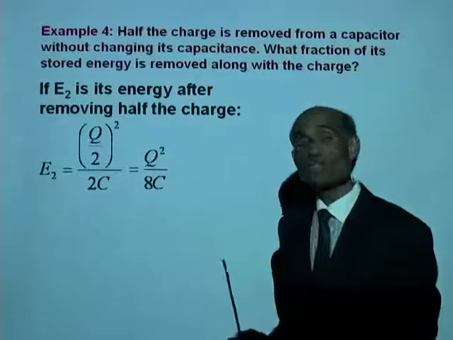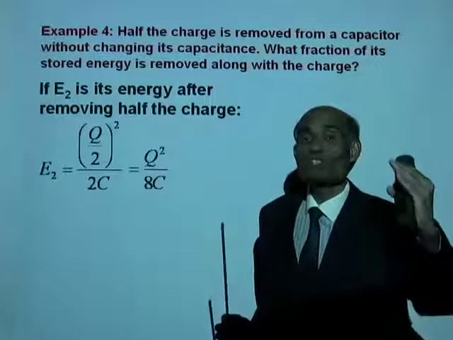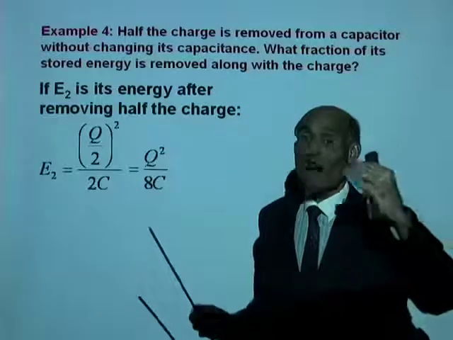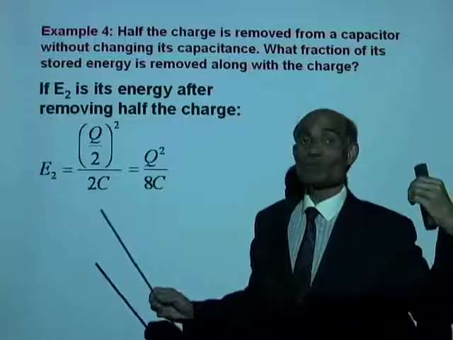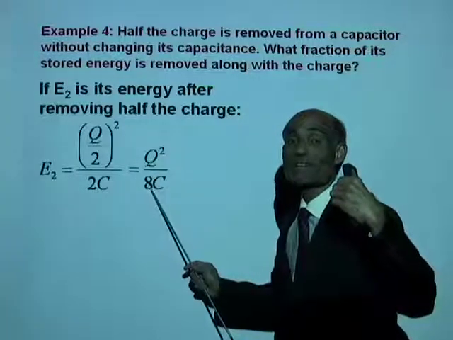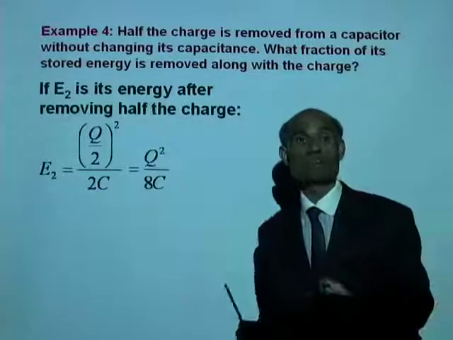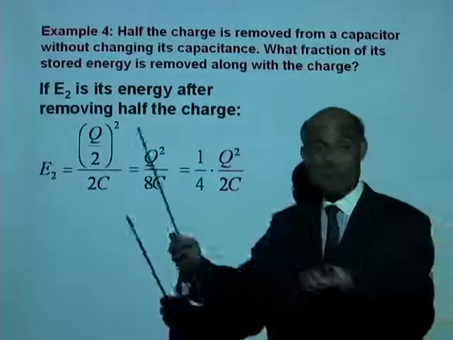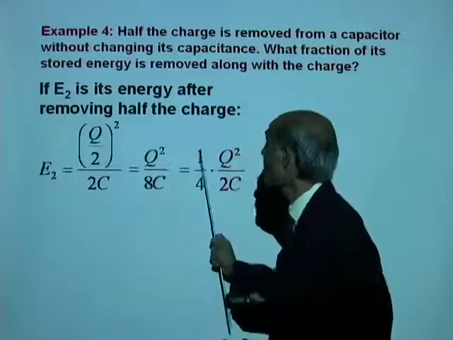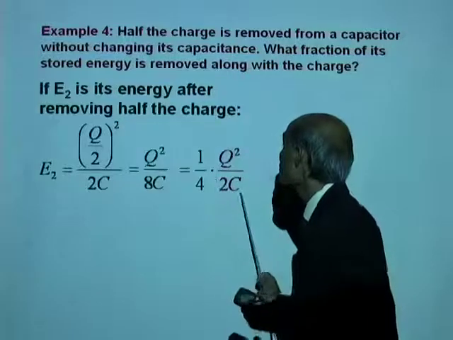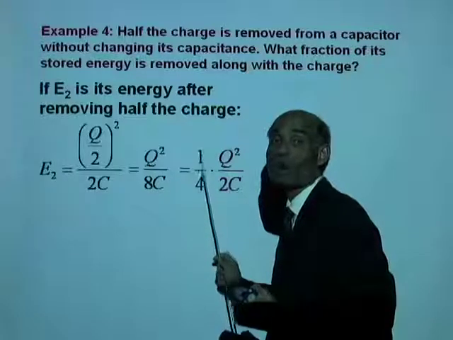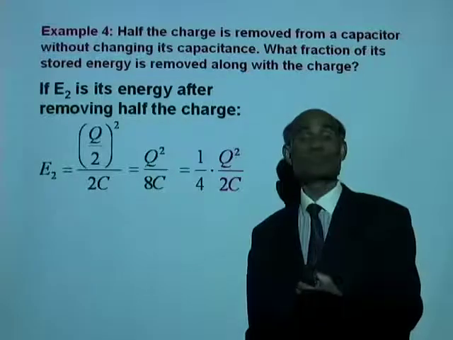Now, what was the energy originally before the charge is removed? It was Q squared over 2C. After half the charge is removed, the energy of the capacitor is Q squared over 8C. Let me write it like this: Q squared over 8C is 1/4 of Q squared over 2C.